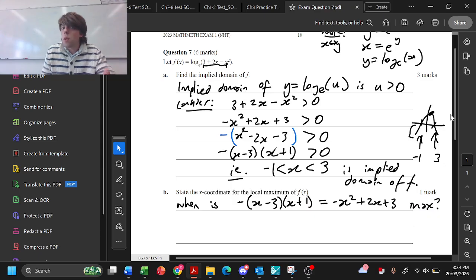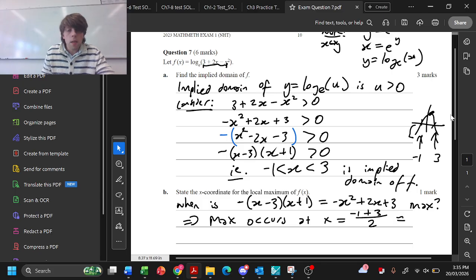What we should remember is that parabolas are symmetrical, which means that the turning point occurs right in the middle of those two values. So the maximum will occur where x is equal to the average of those two values. So -1 plus 3 divided by 2.